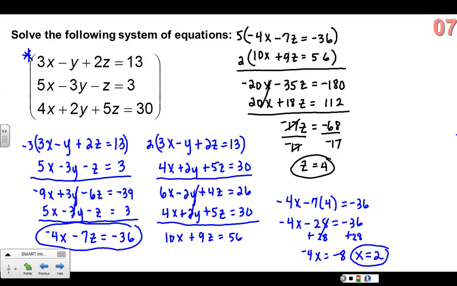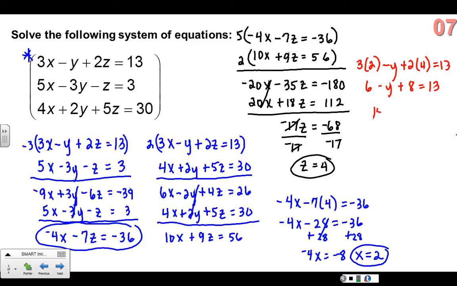So to find the y, I'm going to have to go back and substitute into one of the original equations. So I'm going to just take the top equation there. 3x, so 3 times 2, minus y, plus 2 times z, so that's 2 times 4, equals 13. So 6 minus y plus 8 equals 13.